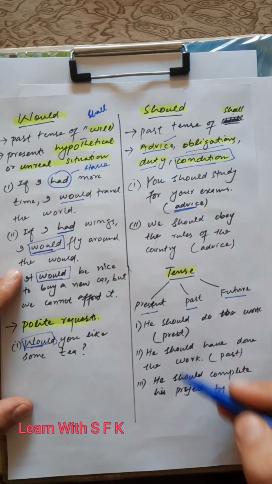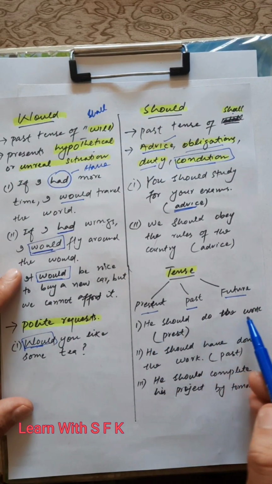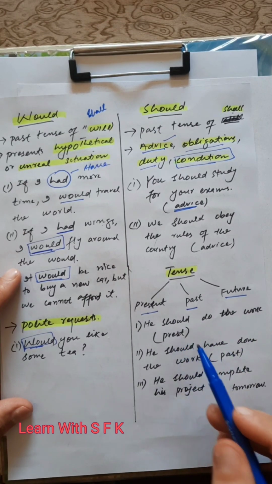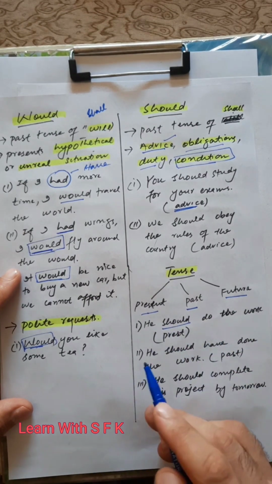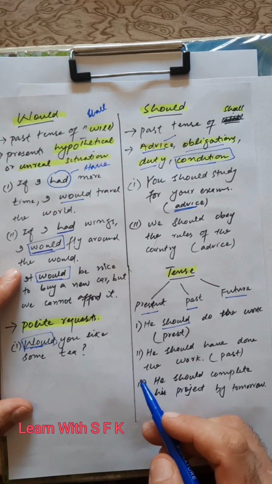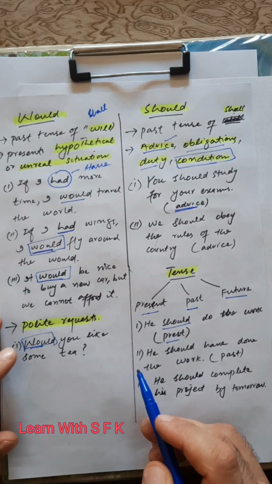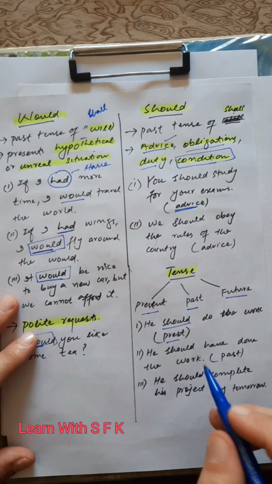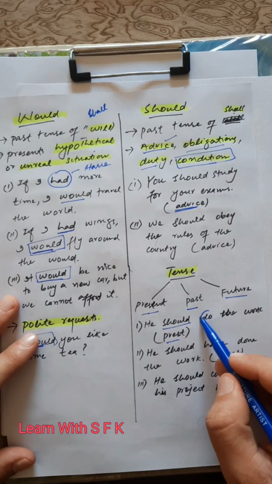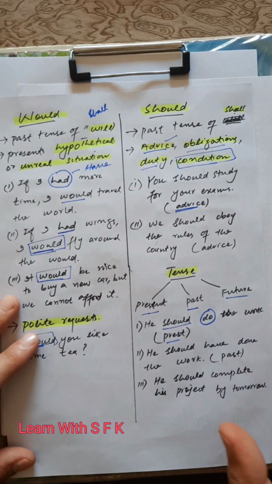For example, let us discuss: he should do the work. Here the modal verb should is used in the present tense, because the verb here is in the present tense.